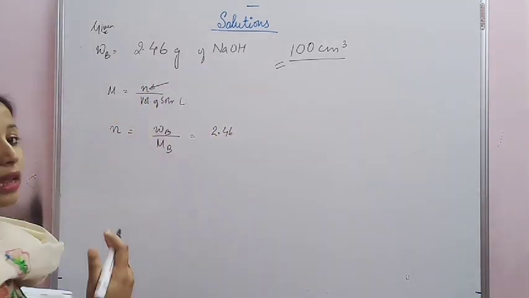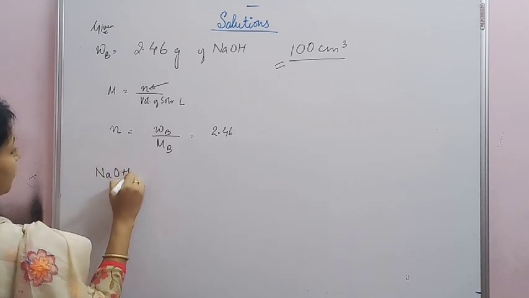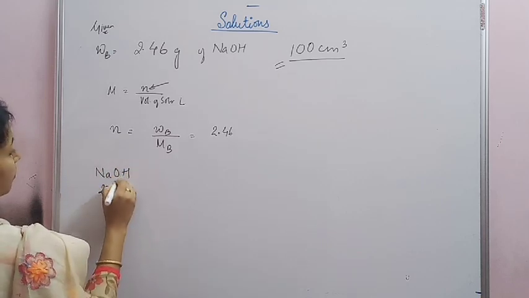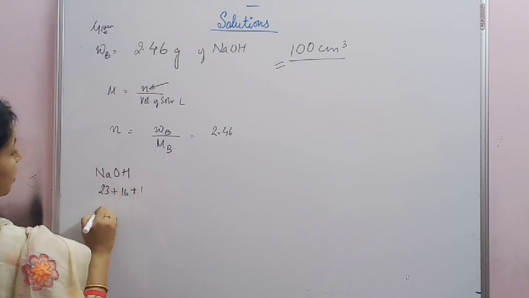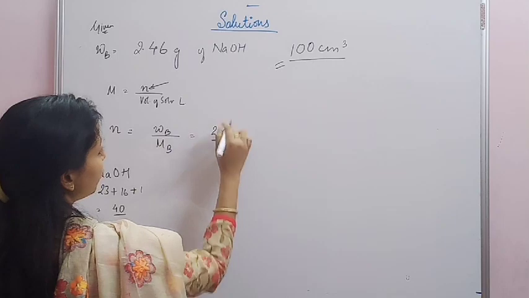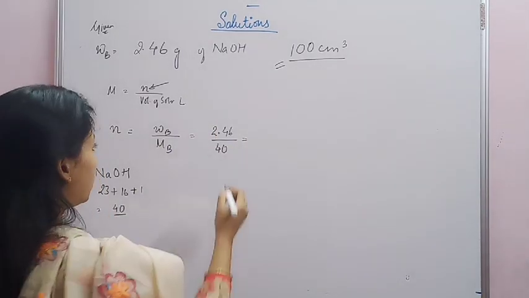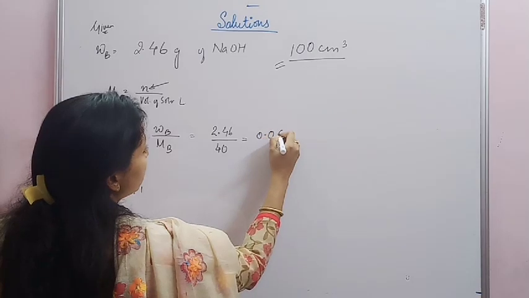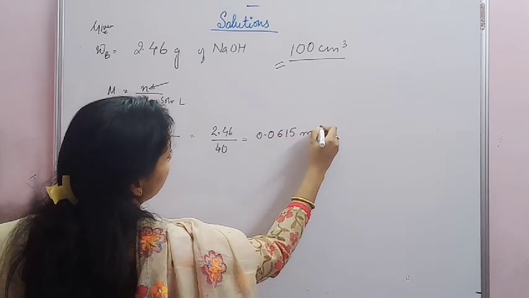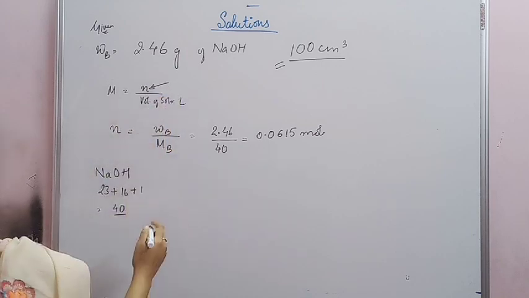We will separately calculate the molar mass of NaOH: 23 for sodium, 16 plus 1. It comes to 40. So 2.46 by 40. If you calculate, you will get around 0.0615 moles. Okay, so I have got my number of moles.